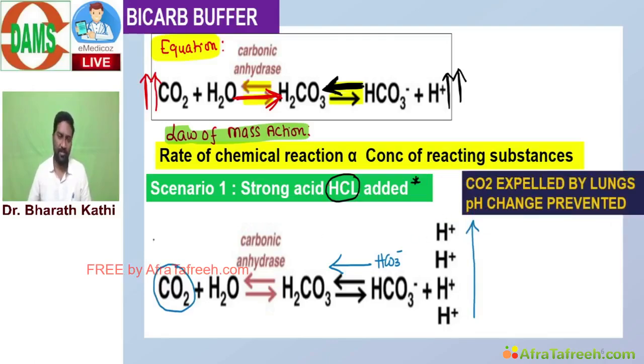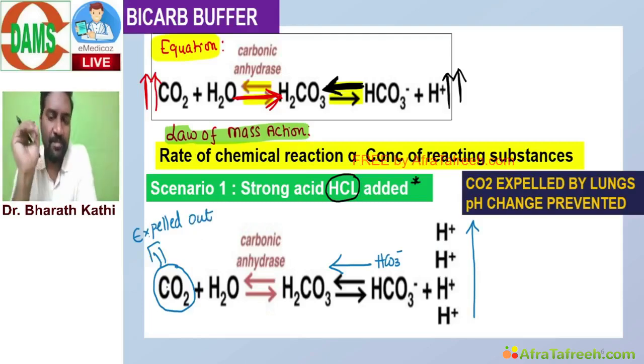All the excess H plus is ultimately made into carbon dioxide, which can be expelled out. Because this is converted into carbon dioxide and it is expelled out, pH change can be prevented. This is how bicarbonate buffer acts when a strong acid such as HCl is added.